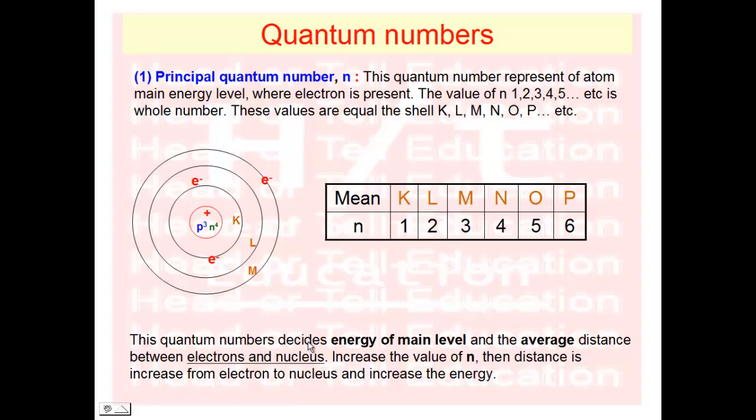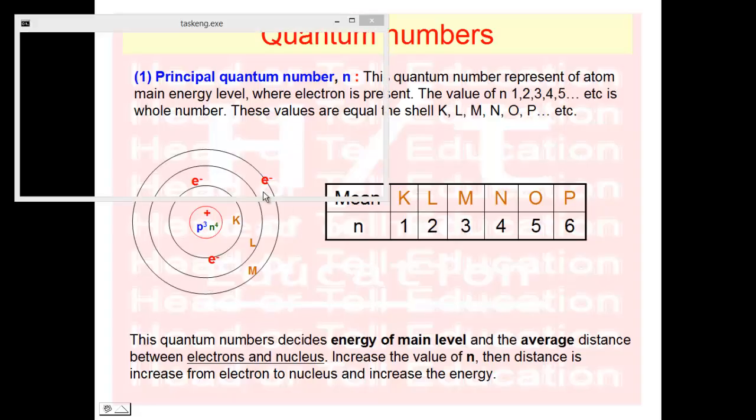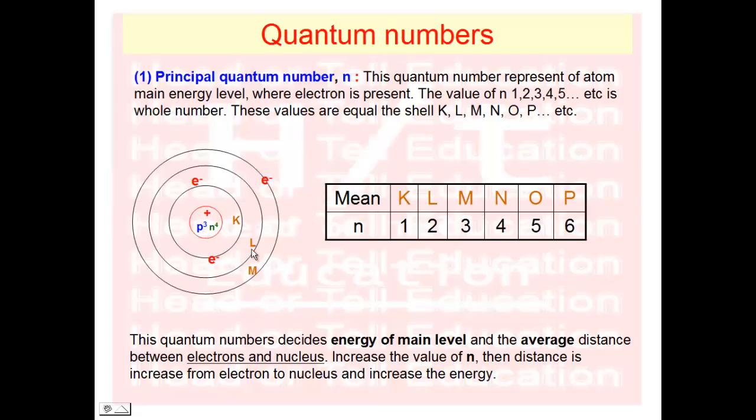The principal quantum number decides the energy of the main level and the average distance between the electron and the nucleus. Increasing the value of n means increasing the main level, so the distance from the nucleus increases, and the energy also increases.